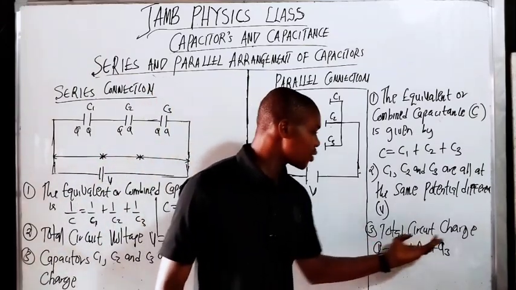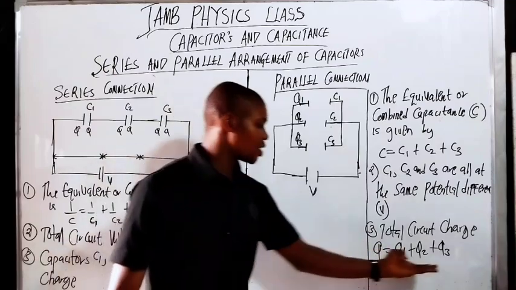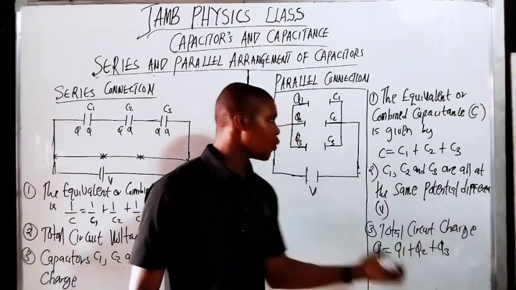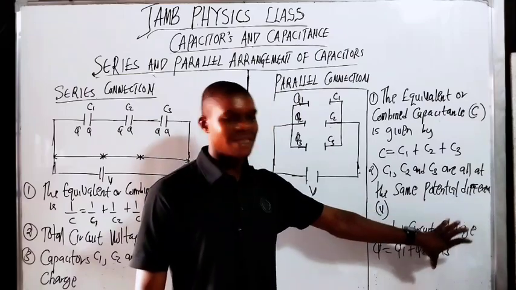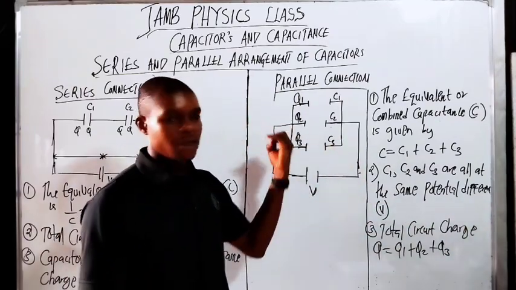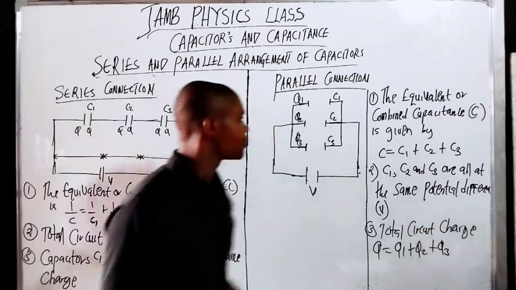Then the total circuit charge is what you get when you sum them together in a parallel connection. Please pay close attention to these things, because instead of just asking you the calculation aspect, they might ask you all these things in your examination.